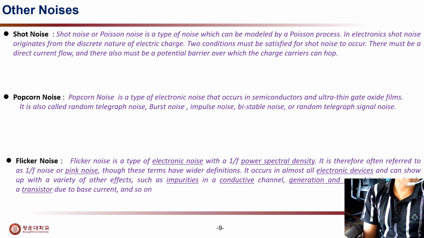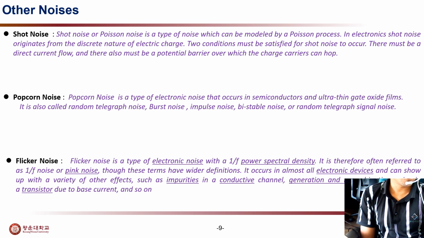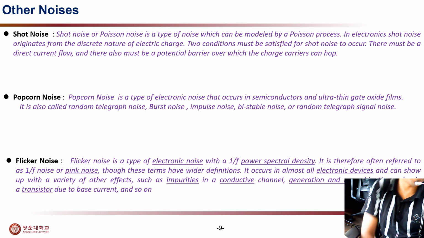Though these terms have wider definitions, it occurs in almost all electronic devices and can show up with a variety of other effects such as impurities in a conductive channel, and generation in a transistor due to base current, and so on.